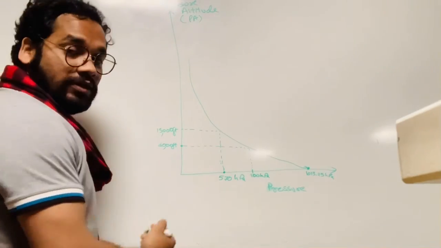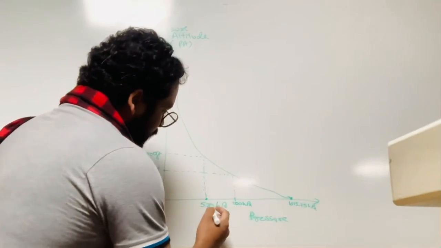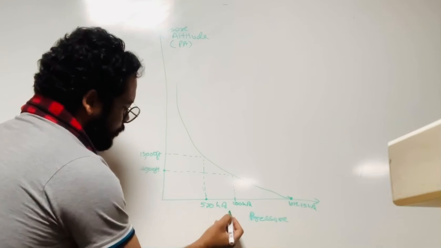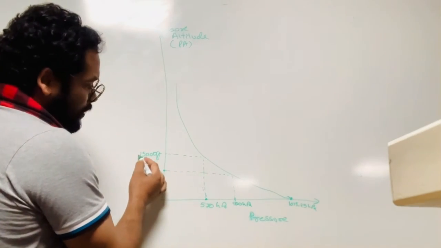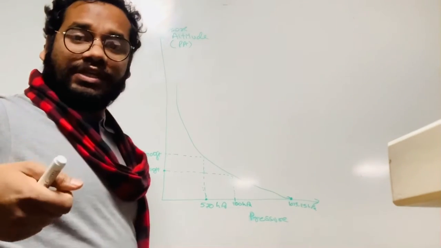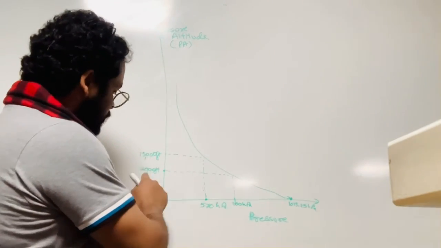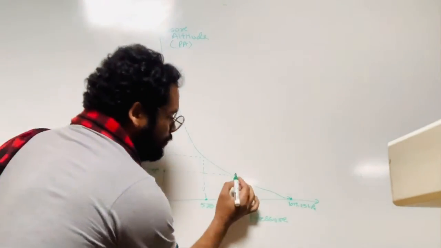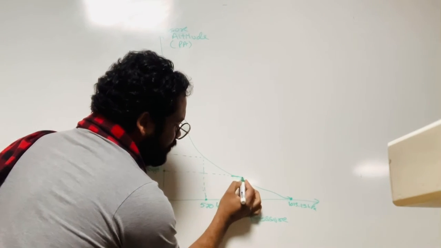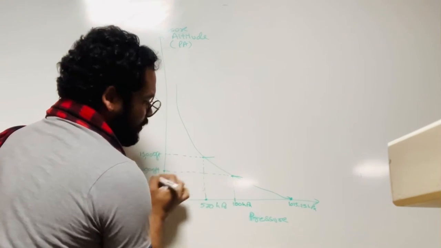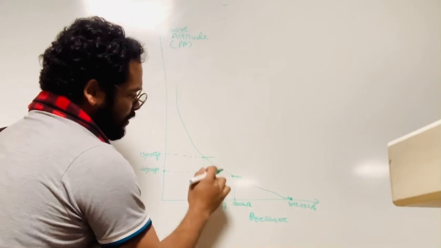Just see, friends: with ambient pressure of 570 hectopascal, the altitude will be 15,000 feet, and with the pressure setting knob set to 900 hectopascal, the altitude is 3000 feet. Now if you see this surface and this surface, these are the two pressure surfaces which we have.